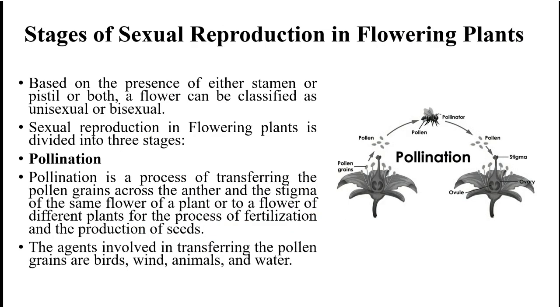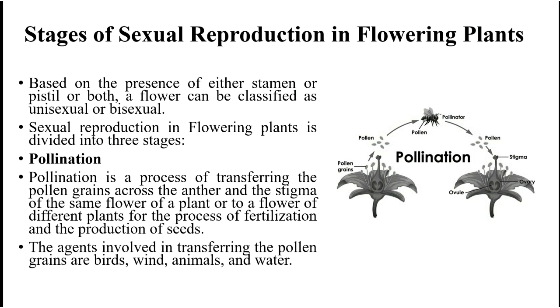Then what are the steps? Till now we have studied the female and male reproductive parts of the flower. Now what are the steps of sexual reproduction? At first, pollination will occur. What is pollination? It is the transfer of pollen grains from the male reproductive part of a flower to the female reproductive part of the same flower or another flower.